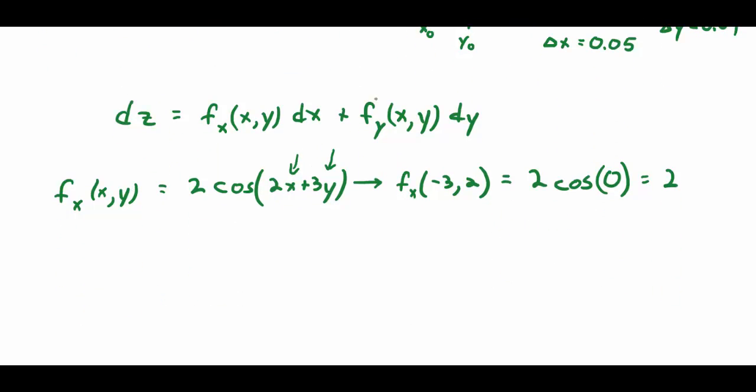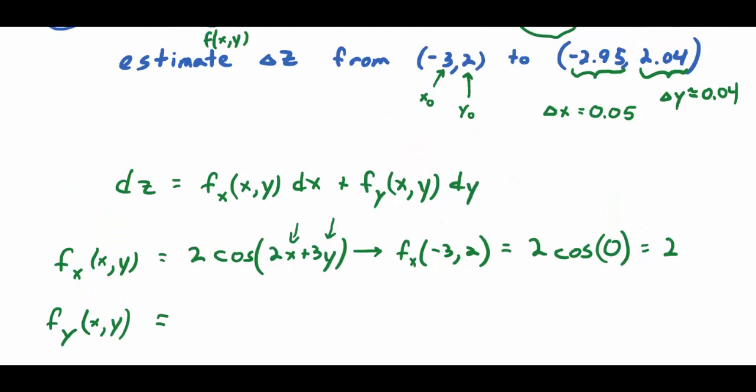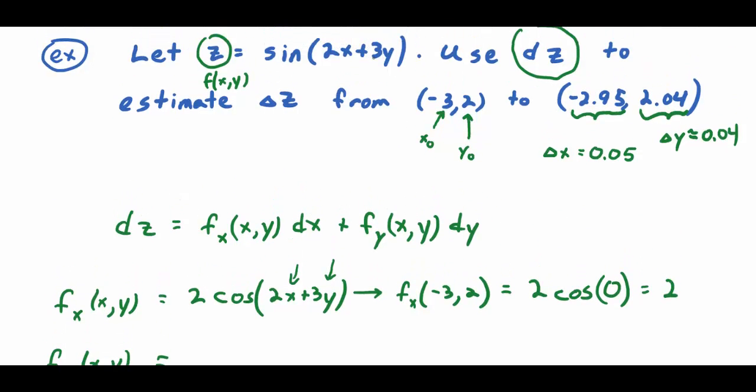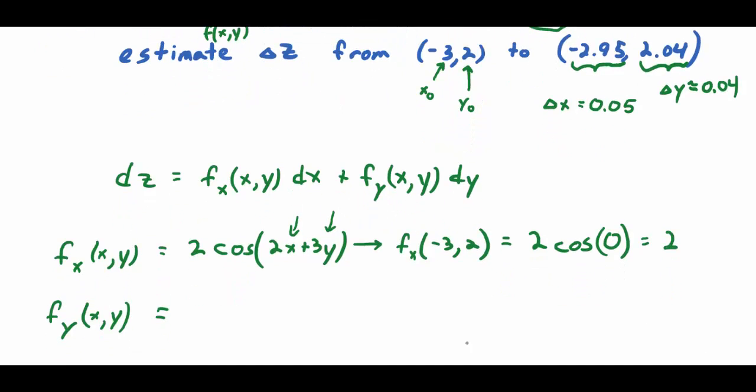Now, the formula says take the partial with respect to y. So we'll do what the formula says. What do you get? Again, the original formula is sine of 2x plus 3y. So it would again be a cosine, except this time, what would you have out in front by the chain rule? The derivative of 2x plus 3y with respect to y is 3.